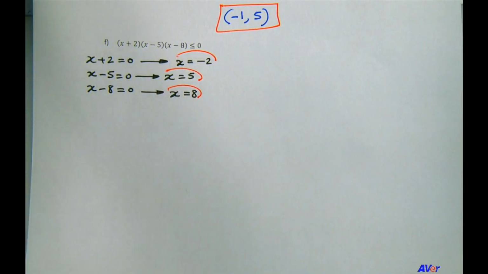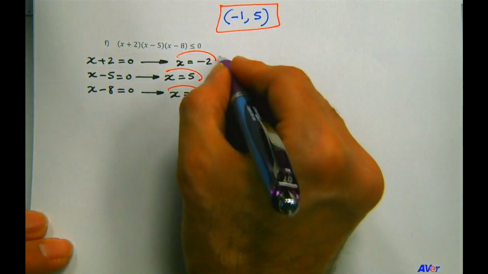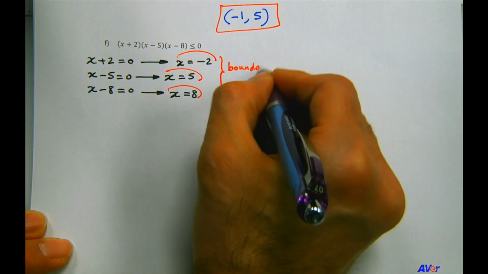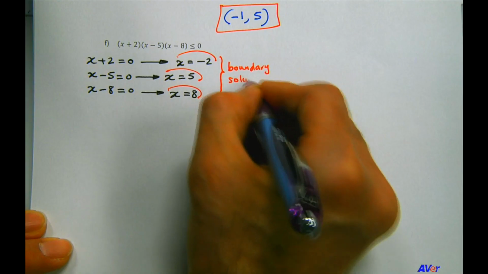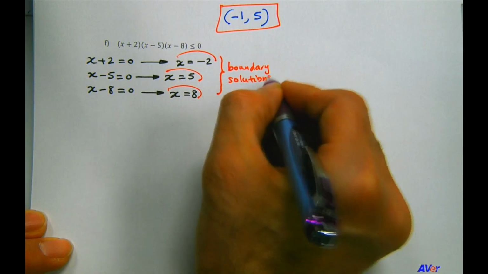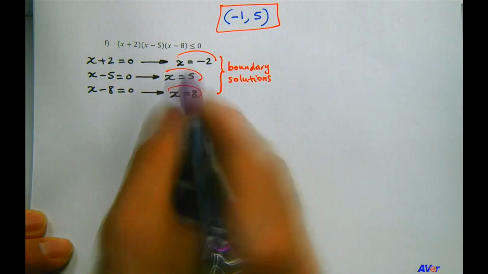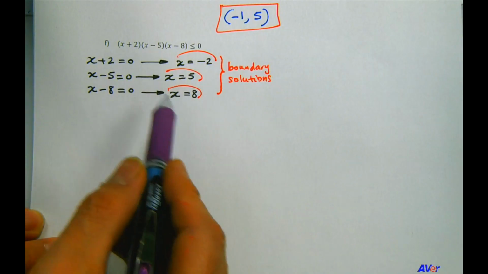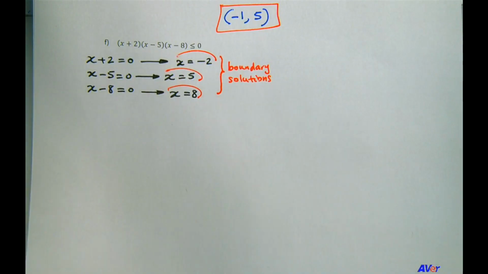That's another boundary solution. Let me make it clear. These are our boundary solutions. Very, very important, because they're going to make this solution considerably easy by dividing the real number line into how many segments? 4 segments. So let's do that.